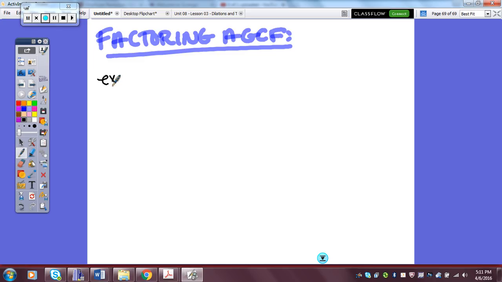So let's look at an example first. 5x times 4x squared plus 3. I know I have to distribute in this problem because I have one set of parentheses and there's a number sandwiched outside my parentheses. So I'm going to distribute 5x to 4x squared. What do you get? 20x cubed.